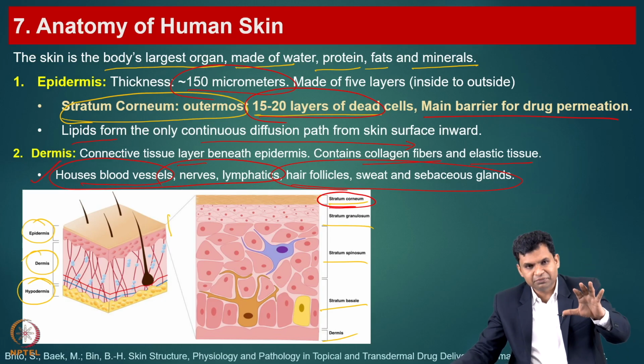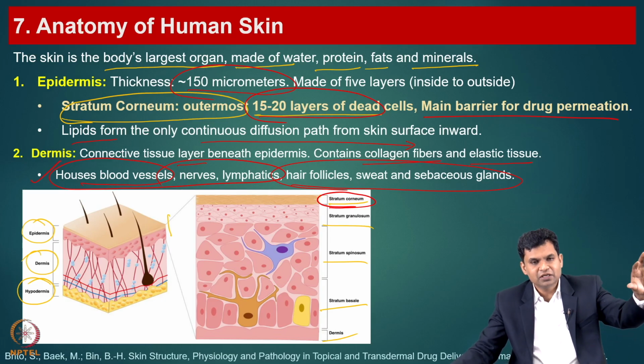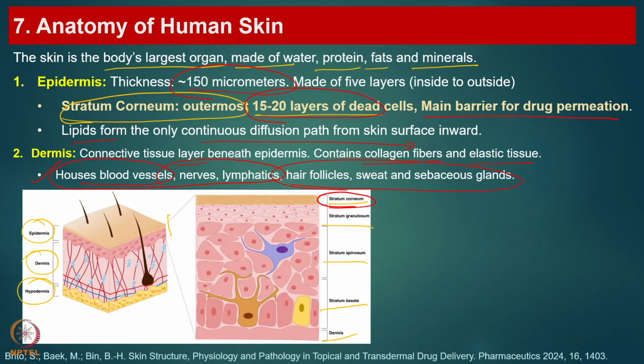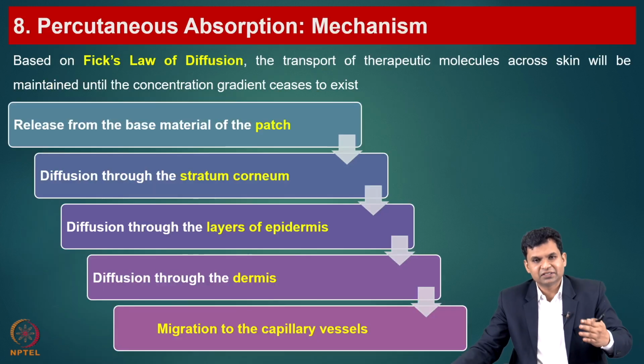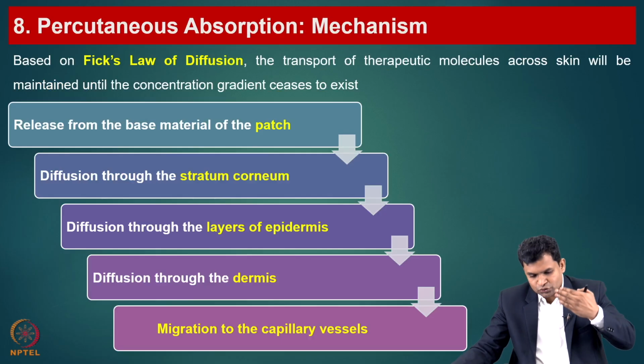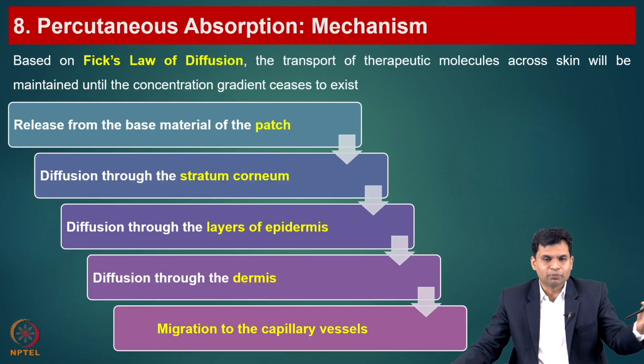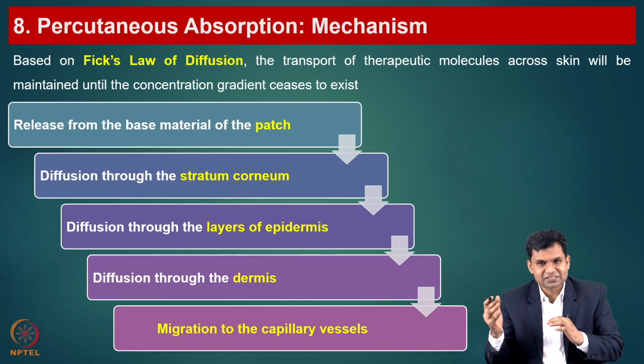This anatomy will help overcome the limitations that come with topical formulations. That is why we need to understand the anatomy as well as the pathophysiology and biological barriers of the skin. Based on that, we can make the right formulation that can overcome all types of physiological hurdles during development as well as delivery.